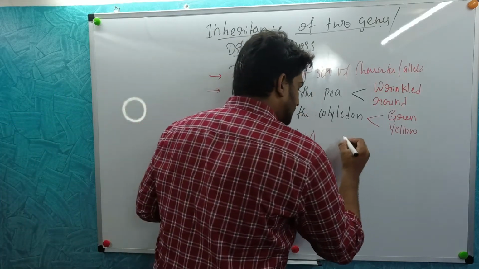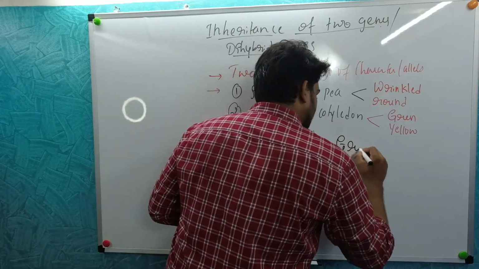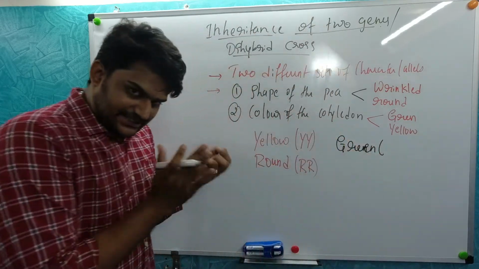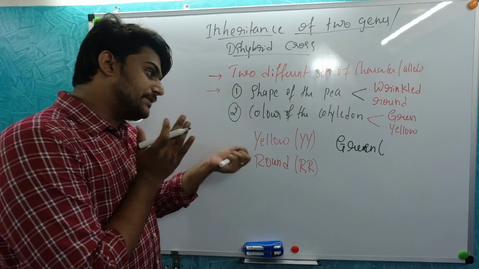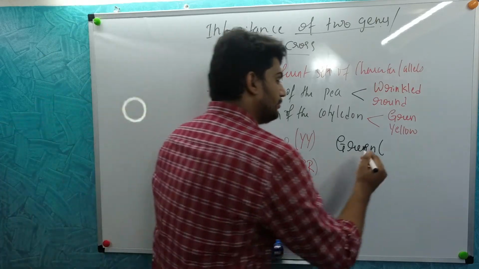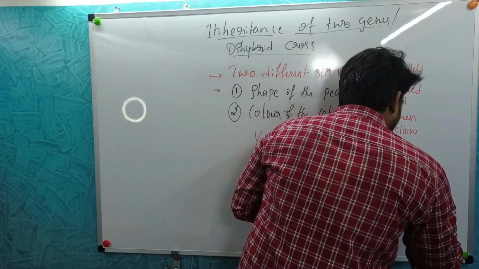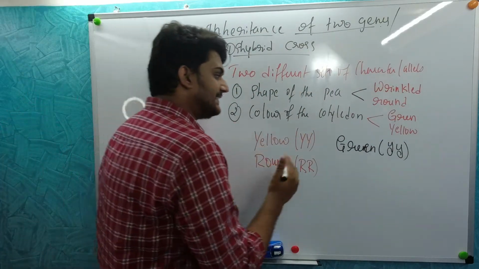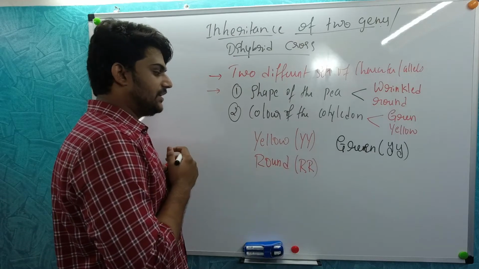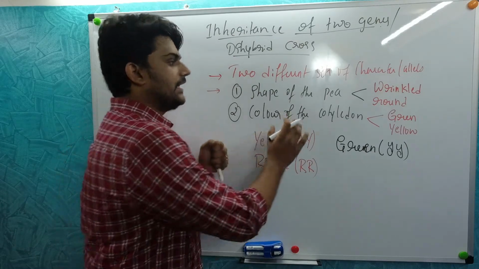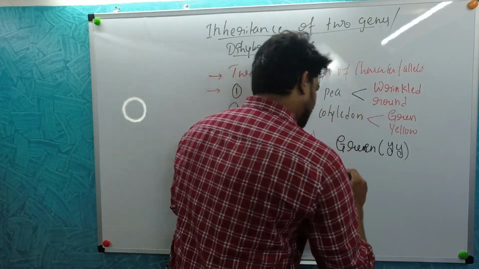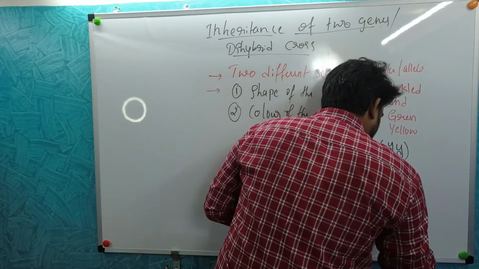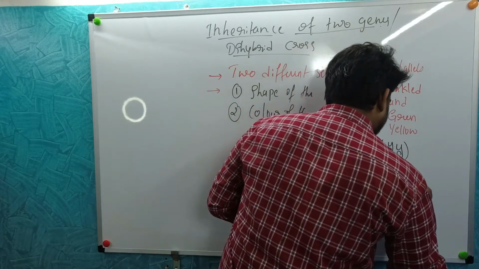Then comes the color green, and as in the monohybrid cross, it is a recessive character, so he named it small y. The next one is the shape of the pea, and the recessive type here, wrinkled, is small r.